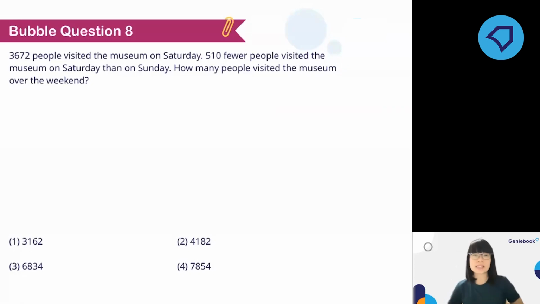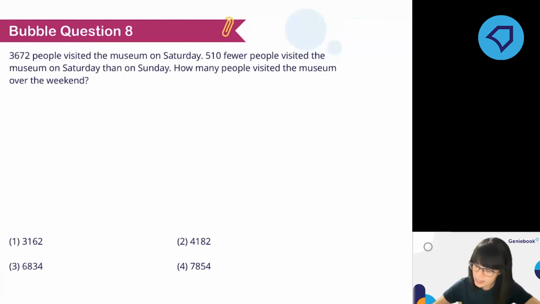How many people visited the museum over the weekend? Read carefully which day has more, which day has less. You're given Saturday, you need to find Sunday. Is Sunday more or less? Then how many people visited the museum over the weekend? Weekend means Saturday and Sunday, right? Options launching in 3, 2, 1.